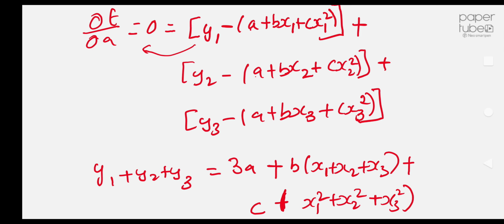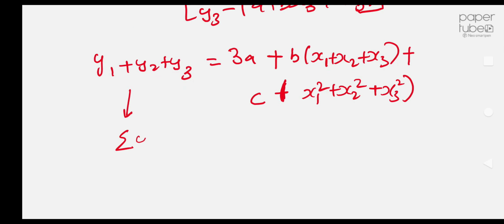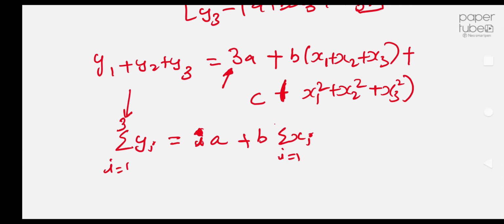So you can simply write this equation as summation of y of i, where i ranges from 1 to 3, equal to 3, which is nothing but the number of experiments, multiplied by a, plus b summation of x of i, where i ranges from 1 to 3, plus c summation of i equal to 1 to 3 of x of i whole square.